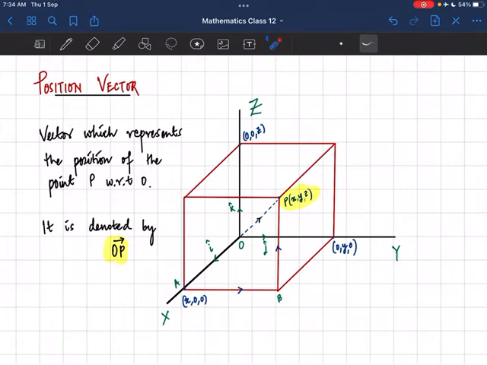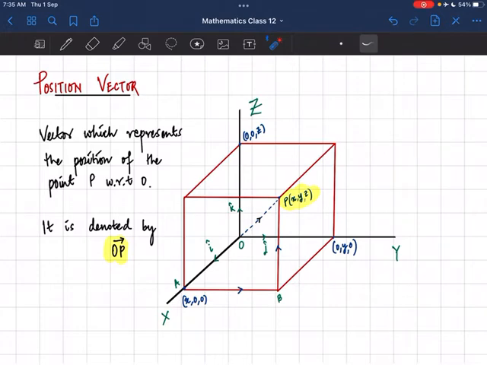So what we're going to do is, from the point origin, we will draw a line like this to that particular point P. That line has two endpoints, whose initial point is origin and the terminal point is the point P, and the direction is from O to P. So this is now a vector whose length will be the distance between the point O and P, and the direction is from O to P. So that is what a vector is.